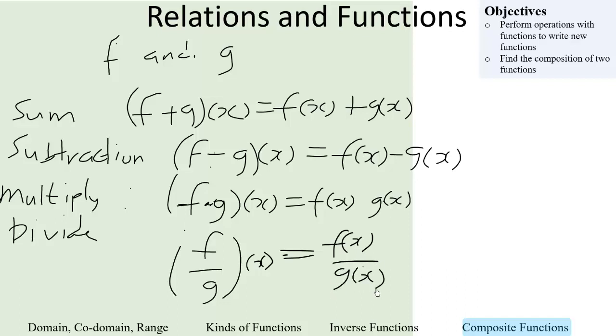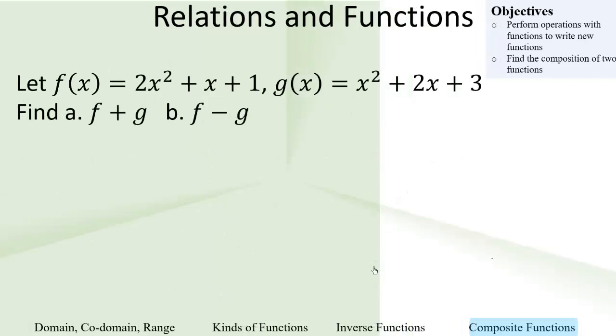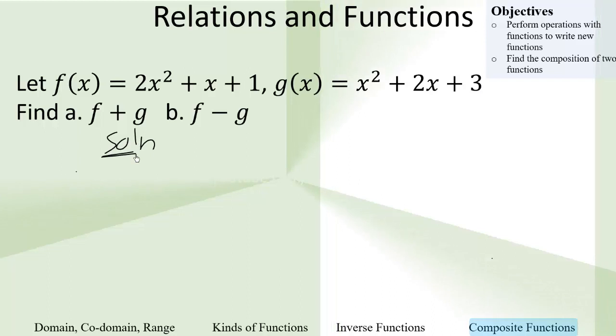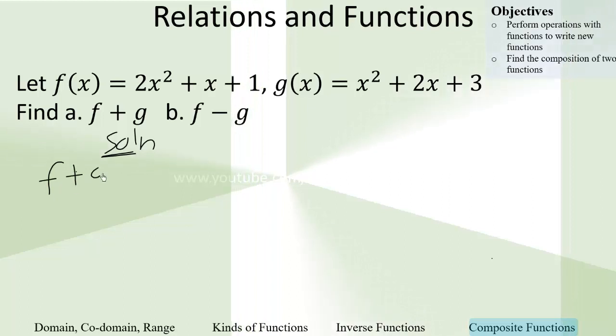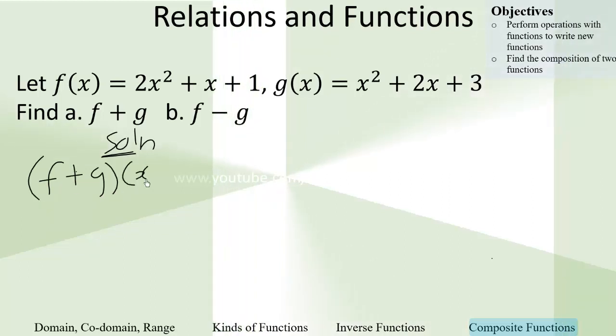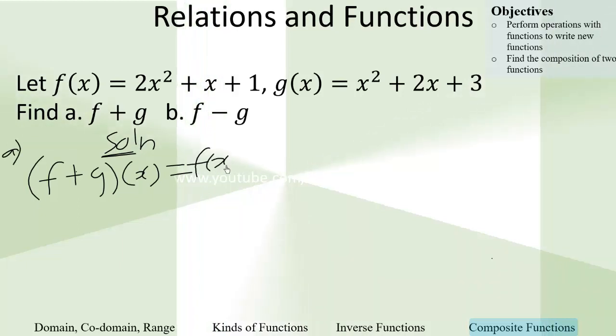So let's take an example and see. So we have this function here. With the first part, we are going to find the sum of f and g. So f plus g will be equal to f of x plus g of x.